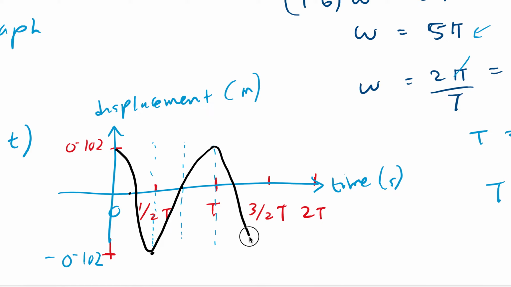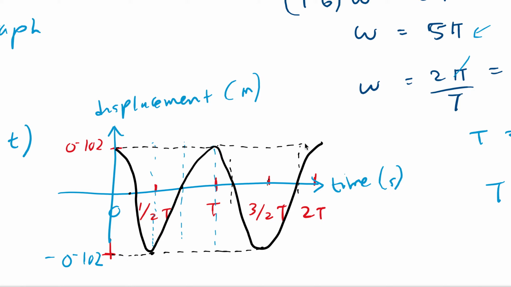Do this carefully, because this is difficult using a tablet. At half a wavelength, it should be at negative A, and here at positive A. So it repeats itself here, and here. That is how you should label it.